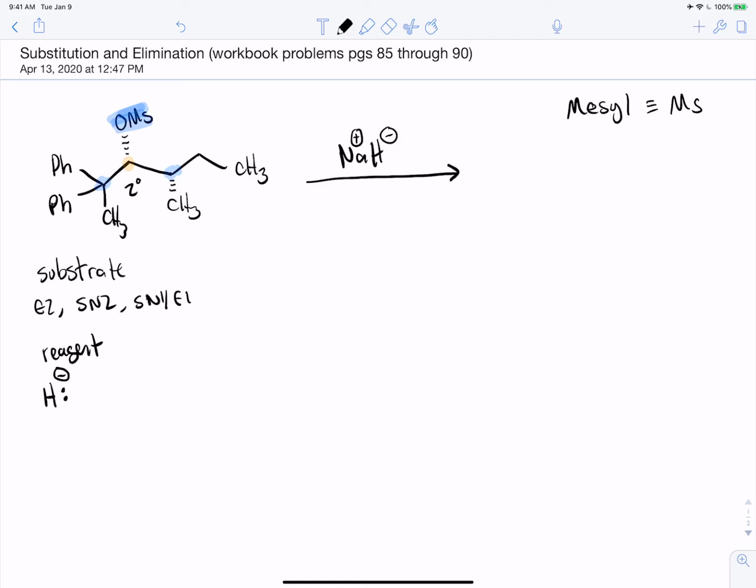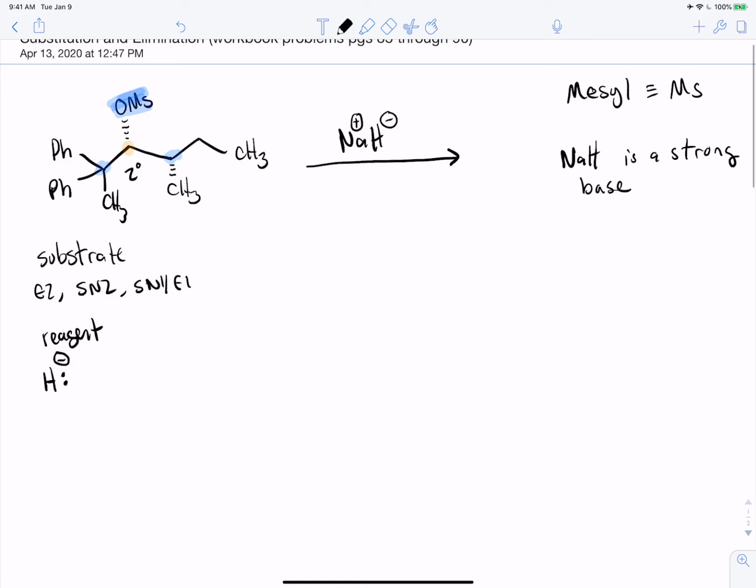We're used to dealing with hydrogen as H+. Here we're looking at it where it hasn't lost both its electrons, it's kept them. So it's just a strong base. I think we've been over this in something else, but I'm going to reiterate it because it's not something we've dealt with a whole lot. Sodium hydride is a strong base. That alone is enough for us to answer this question.